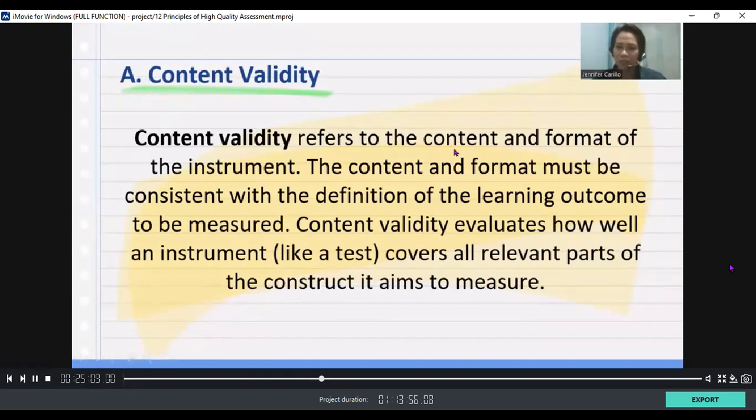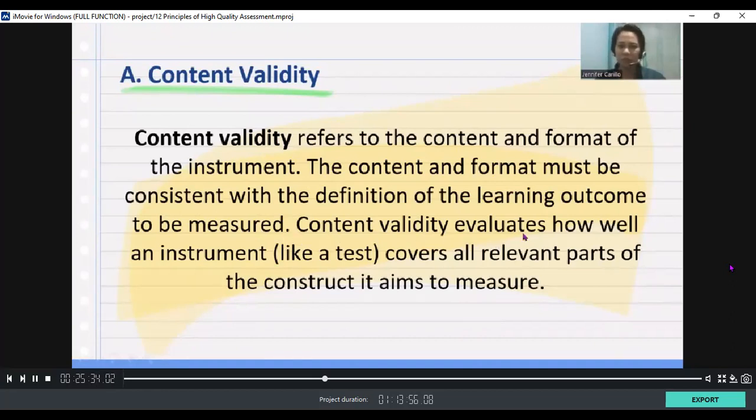So what was discussed should be measured, as well as the format, or the type of test being used. The content and format must be consistent with the definition of the learning outcome to be measured. So it should be appropriate. The test items should target the learning outcomes to be measured.